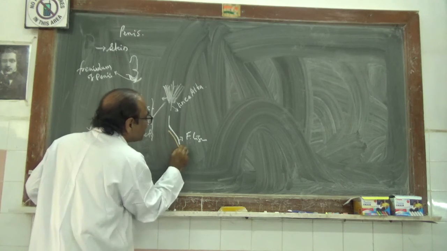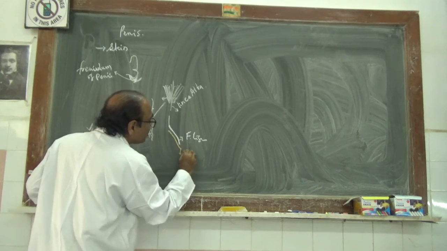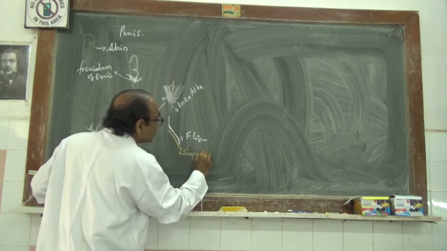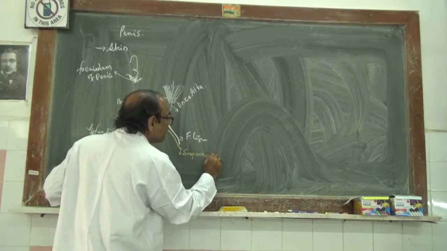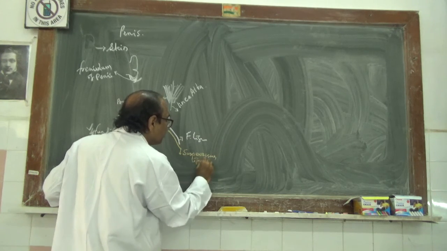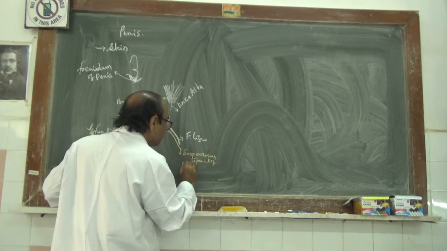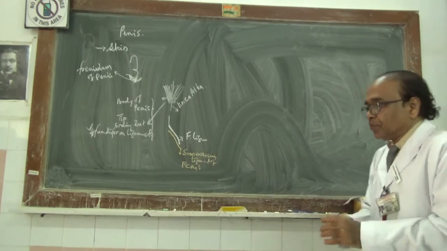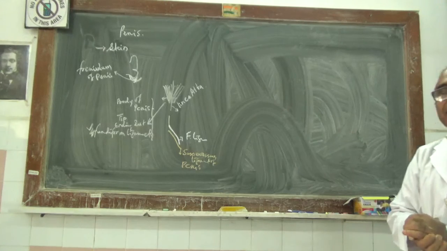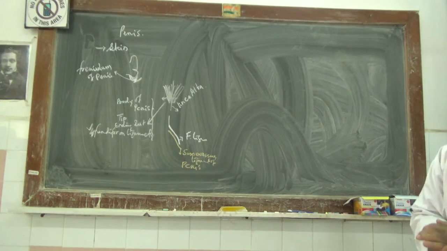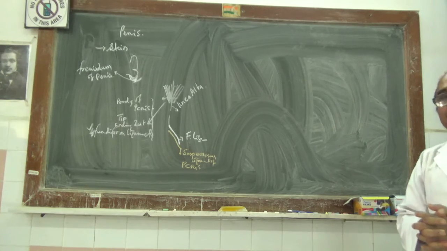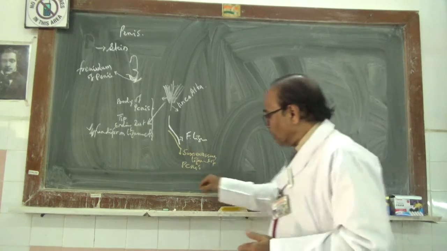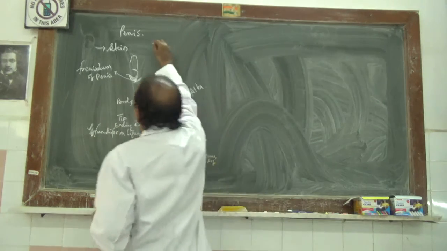That ligament is called the suspensory ligament of the penis. So this is what you have to add into the topic on the penis. Now you have to go to the embryology of the penis.